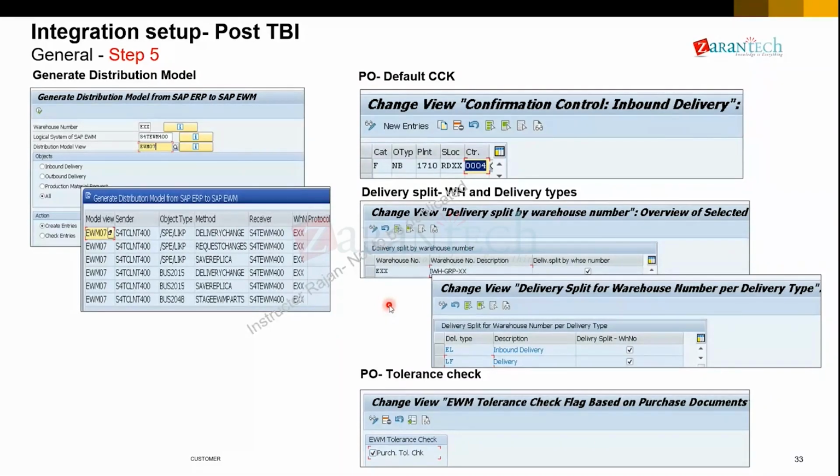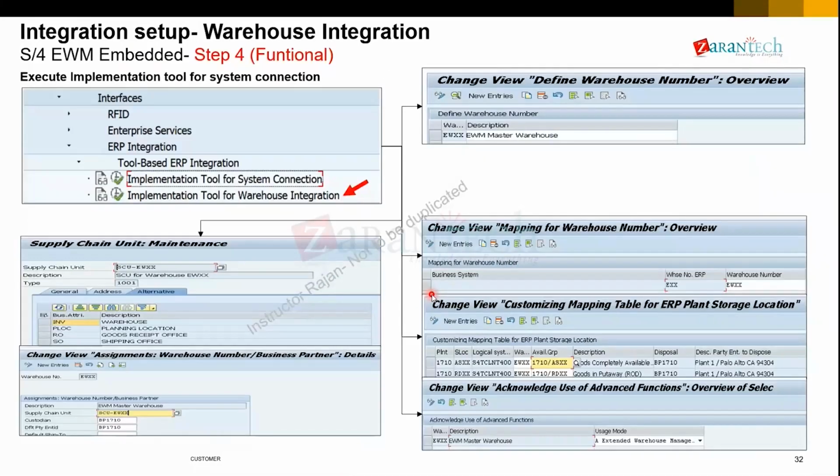Rajan, could you explain the availability group, and there was some disposal, something is mentioned, right, in the previous slide? Yeah, the disposal is nothing but your plant code. And availability group, you can imagine, these are like two tables basically. Table one is plant storage location assigned to the availability group. And there's another table, table two, wherein the availability group is in turn assigned to the stock type.